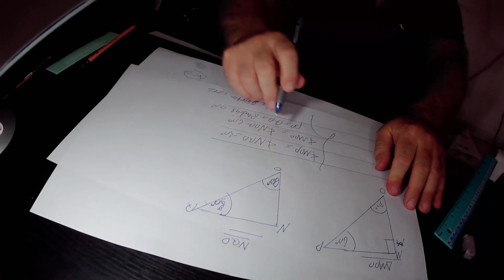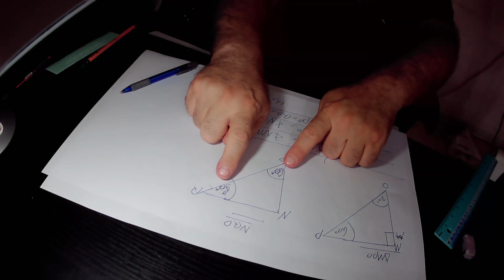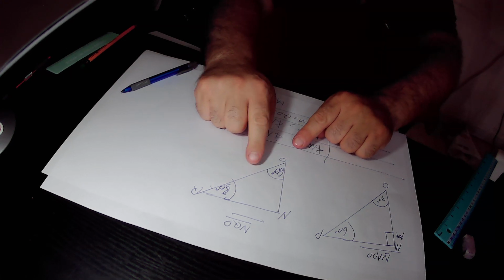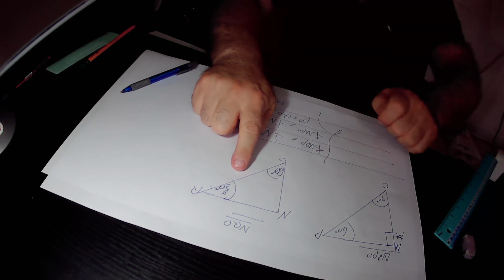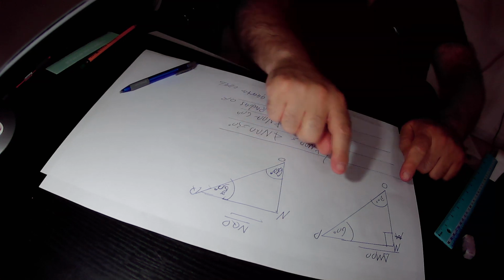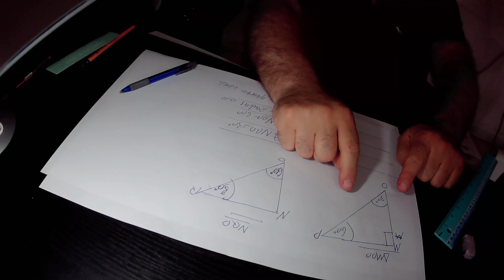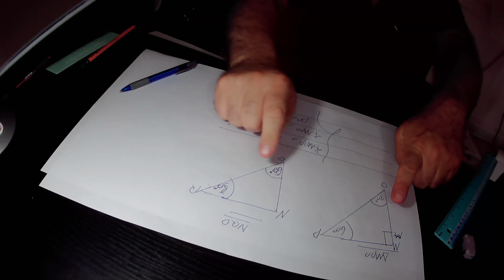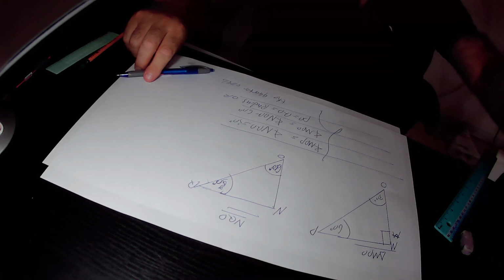So we proved that those two angles and the side between them, that is side OQ in the right triangle NQO, are correspondingly equal to those two angles and the side between them, that is side PO in the right triangle MPO. And therefore those two right triangles can go into each other according to the angle side angle rule.